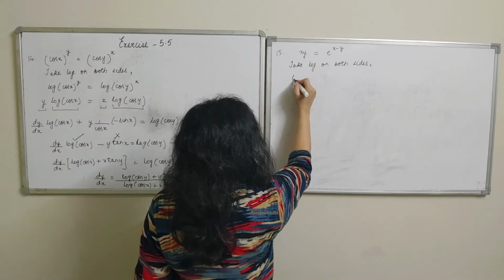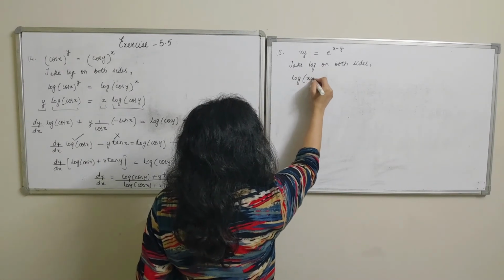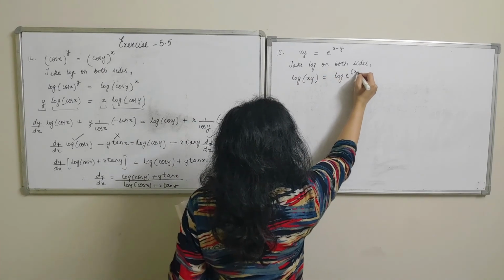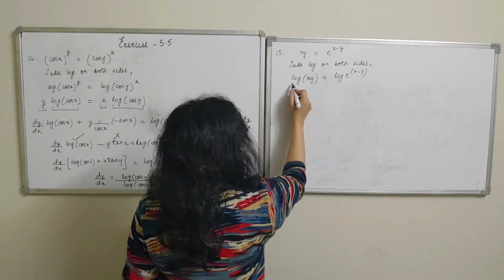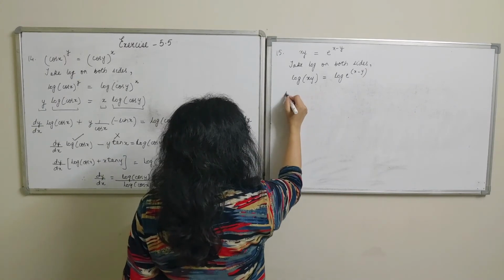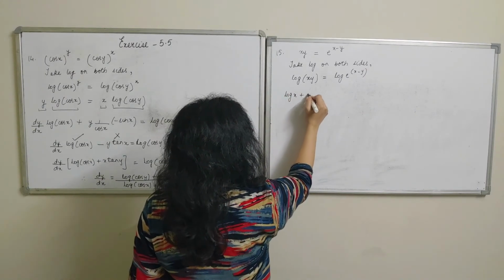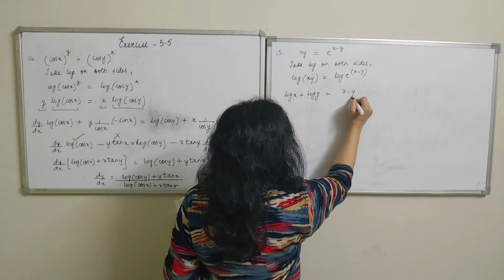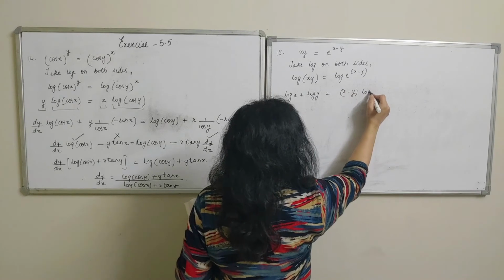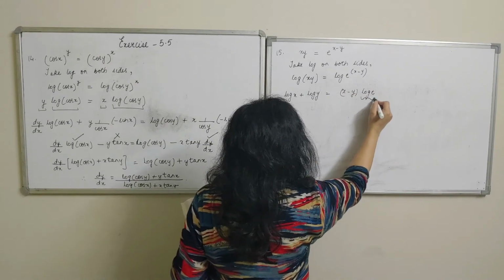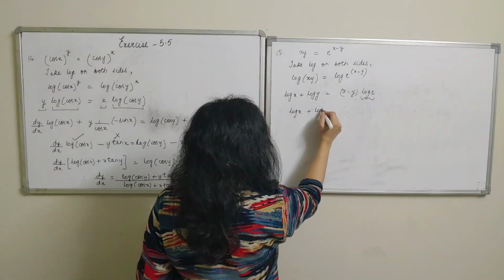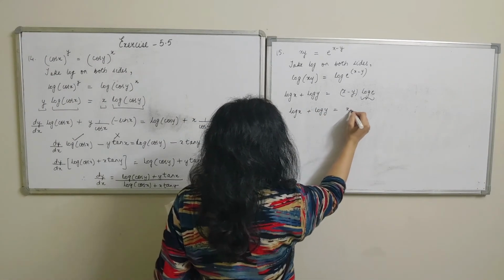So if you are using the log on both sides, log xy is equal to log e to the power x minus y. So here, using properties of log on the left side, we get log x plus log y, on the right side, x minus y into log e, and we know log e is 1.